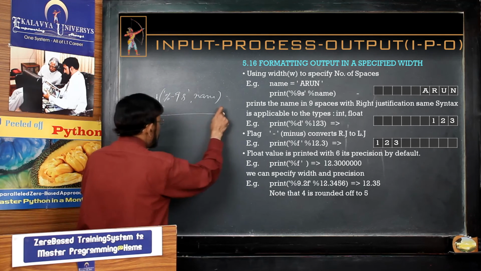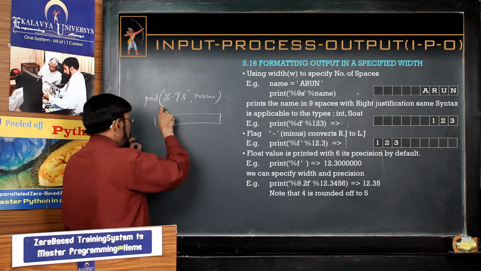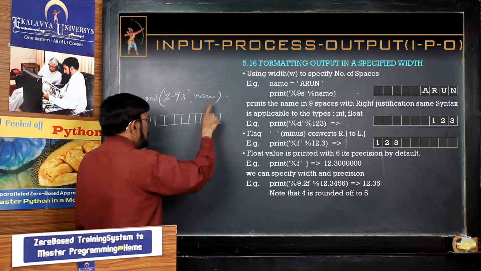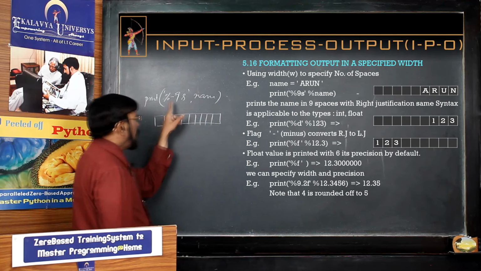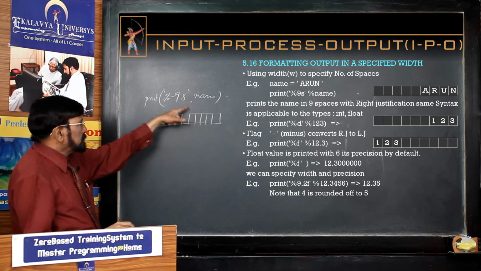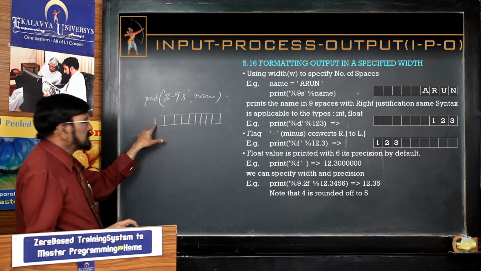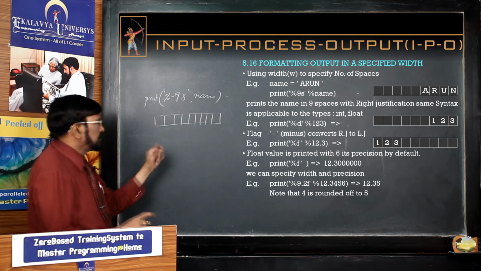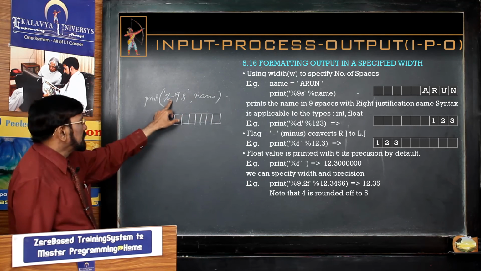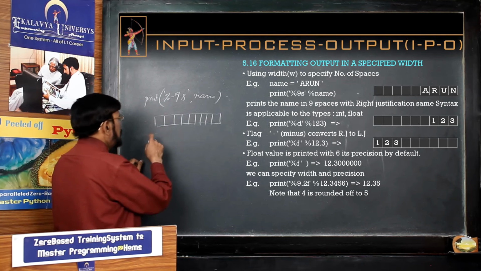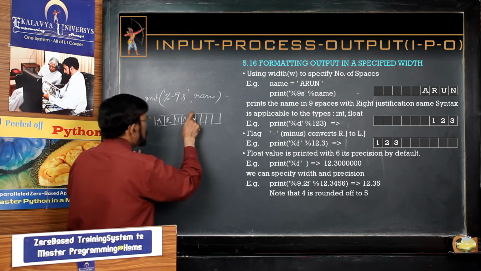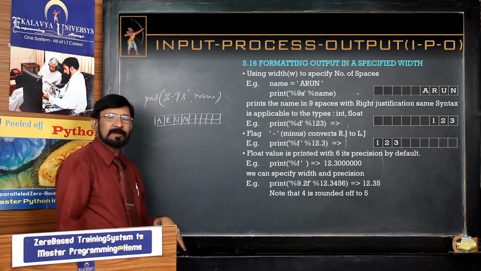What do I mean? 9 spaces are to be allocated: 1, 2, 3, 4, 5, 6, 7, 8, 9. The name Arun would be printed with right justification, but because of this minus, left justification happens. Arun. So, here 5 spaces are left.